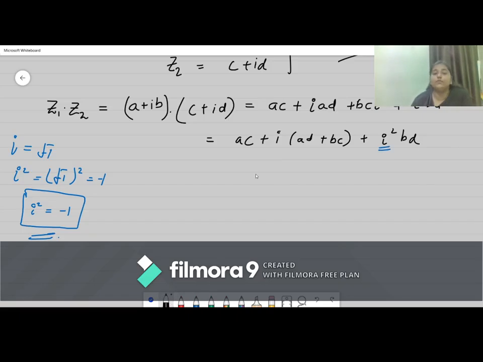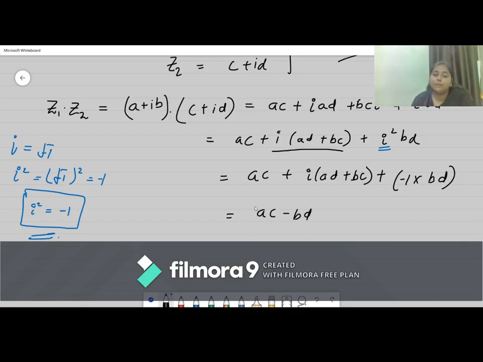So let us just substitute the value. a into c प्लस, ये तो हमारा इमेजिनरी पार्ट हो गया, इसके साथ हमारा आयोटा आ रहा है, आयोटा a into d प्लस bc. वेरेवर आयोटा कम्स वो इमेजिनरी पार्ट होता है. ये क्या हो जाएगा? i square is -1 into b into d. तो देयर इज आयोटा इज रिमूव इस वाले टर्म में से. सो लाइक टर्म्स को कलेक्ट करेंगे तो ये बन जाएगा ac minus bd plus ad plus bc iota.